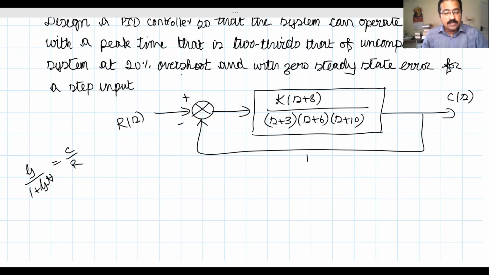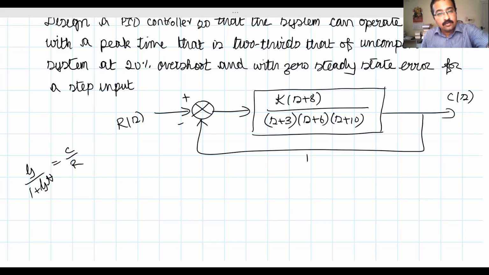When we try to find the dominant pole, the assumption is that higher order poles are far away from the j omega axis. So how valid our approximation is will determine the accuracy of our design solution. So we will try to find out where the dominant poles are.